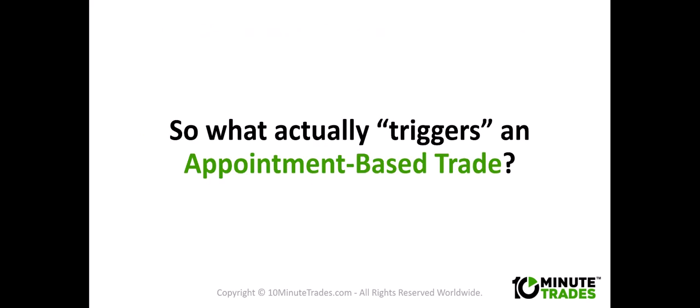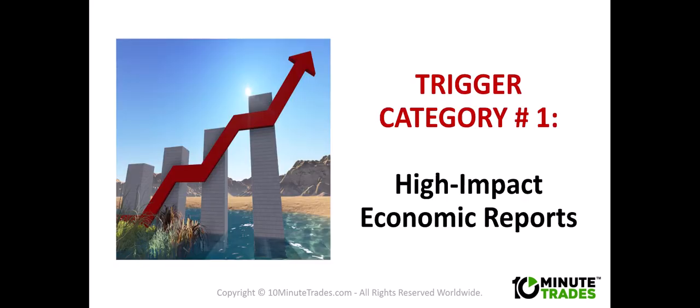What we do gets triggered by news events. What triggers an appointment-based trade? One of the most important tools that you should become familiar with are the various reasons why a trade gets triggered, and then how do you find those triggers? High impact economic reports, trigger number one.